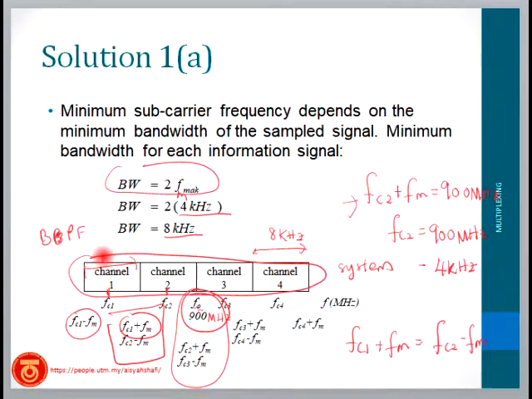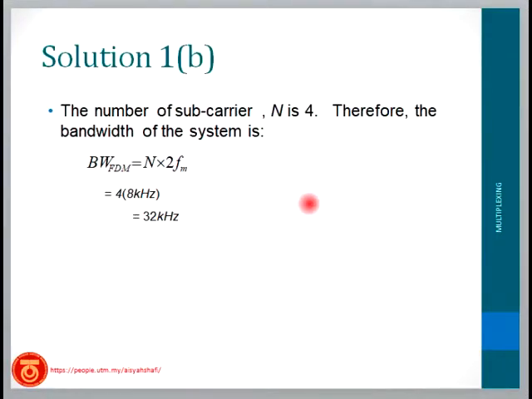Each here has bandwidth 2 Fmax, and if we want to get the total bandwidth, we need to multiply the number of channels by the bandwidth of each channel. Okay, so you will get the bandwidth is 32 kilohertz.